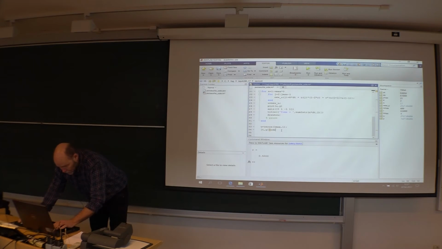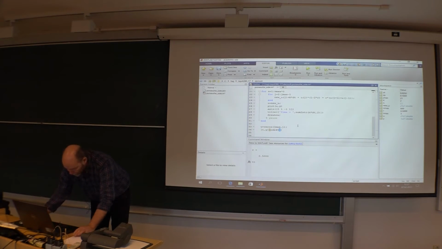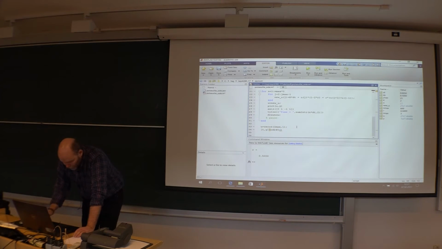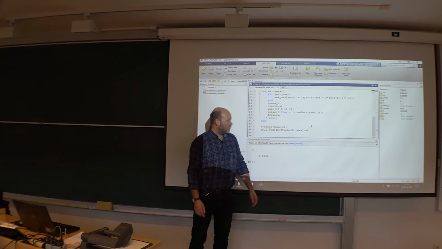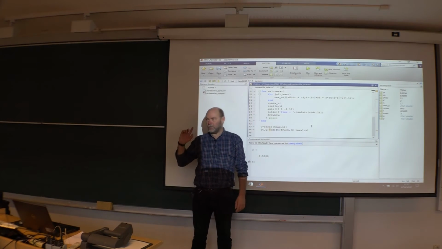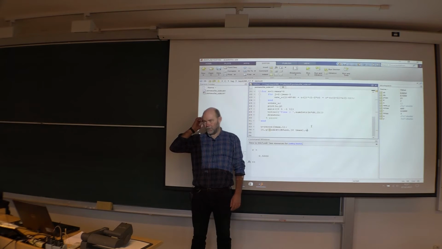So let's use ODE45. We have to create a function that it can use, func. We have to give it the time interval, time t from 0 to t max. And then we have to provide it with the initial values. Now you need one for each equation. How many equations did we have?